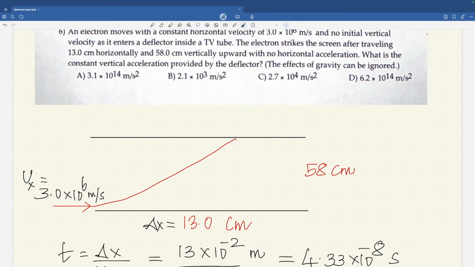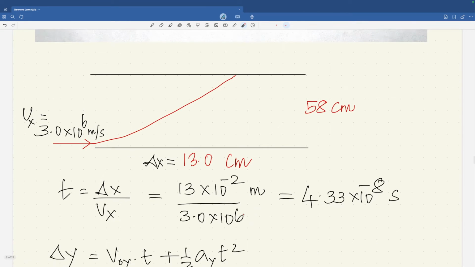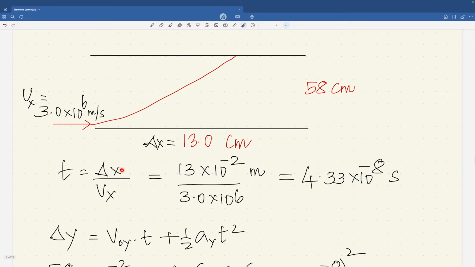So by the time it reaches here, the deflection is 58 centimeter and it has traveled 13 centimeters. That's what is given. So what we will do is, because we know that this velocity is constant and we know the displacement, we can find the time it takes to go from there to there just using the x component. So time is displacement over velocity.